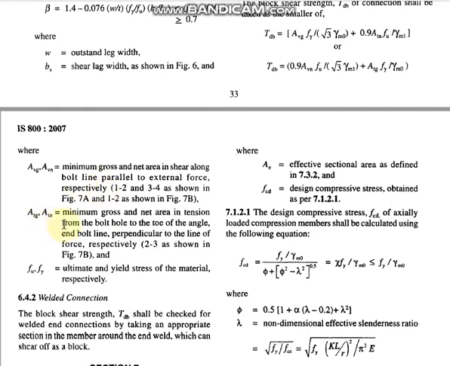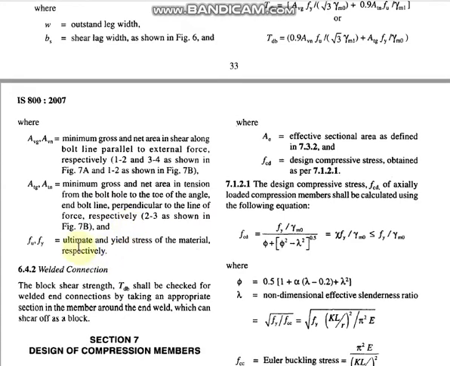Atg and Atn indicate minimum gross and net area in tension from the bolt hole to the toe of the angle, end bolt line perpendicular to the line of force respectively, and Fu and Fy indicate ultimate and yield stress of the material respectively.